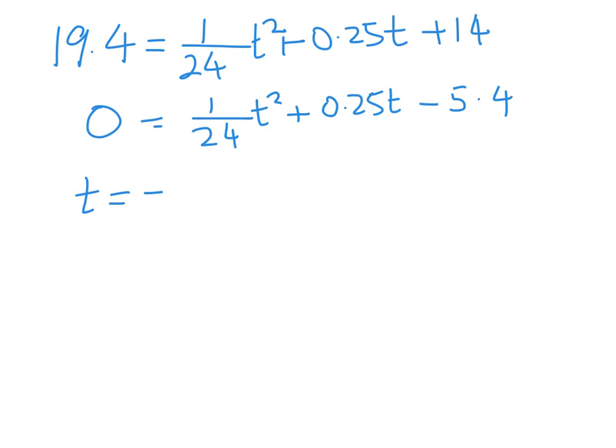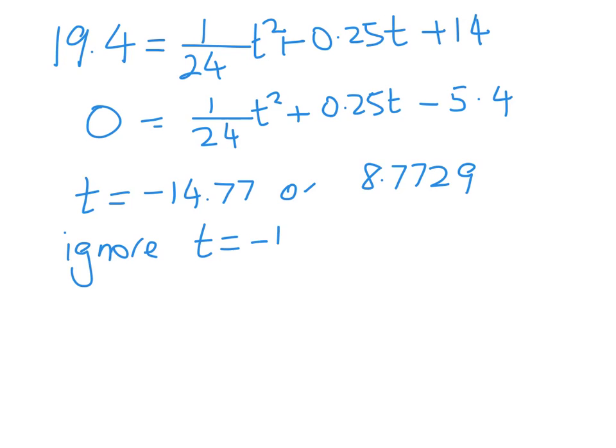You'll get t is equal to negative 14.77 or 8.77, actually 8.7729. So we're going to ignore t equals negative 14.77. Okay, so that's not a valid solution, because that would be 14.77 seconds before the speed limit sign appeared. And we're going to work with this one.